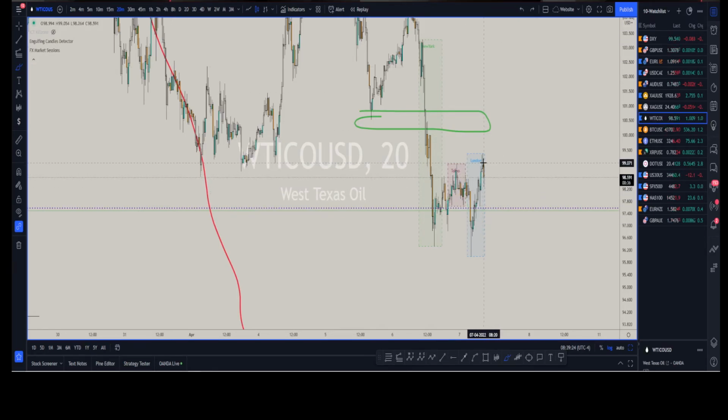If it does not continue the move down, expect something like this towards these areas and then a drop. But if it breaks these areas here, retest, most likely it will do something like this, if you want to still trade that.